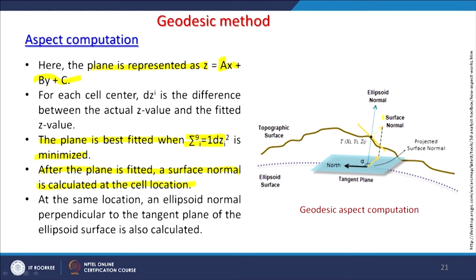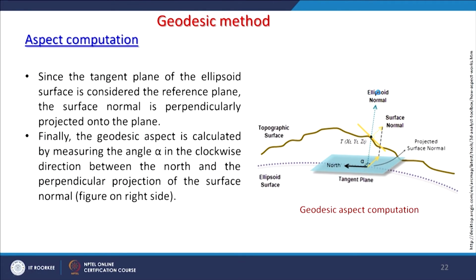The surface normal is calculated, and at the same location an ellipsoid normal is also calculated, which is perpendicular to the tangent of the ellipsoid surface. Since the tangent of the ellipsoid surface is considered the reference plane, this plane becomes our reference plane.